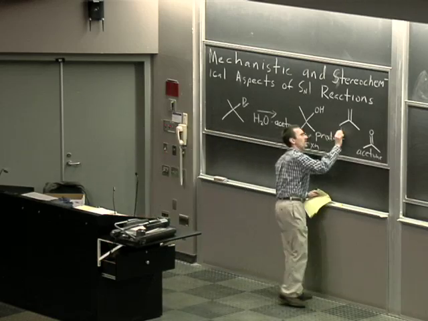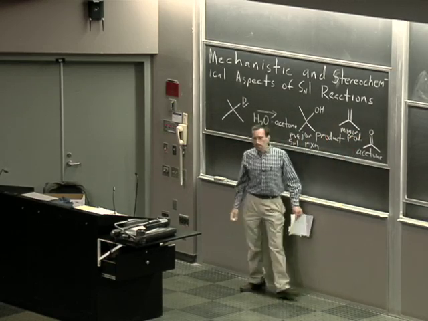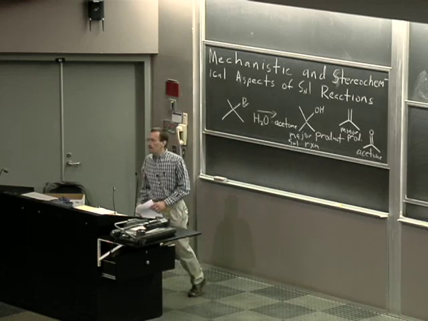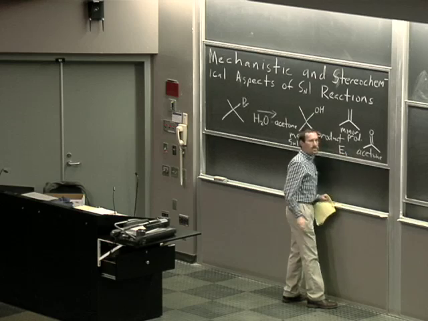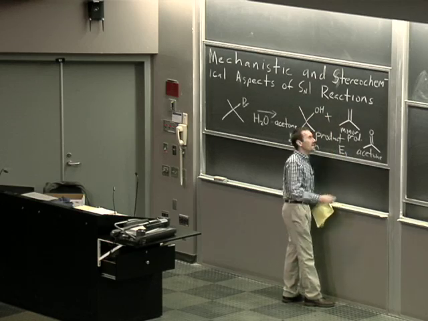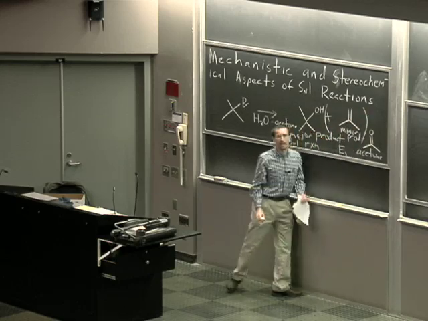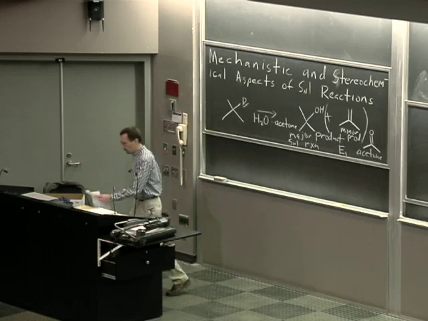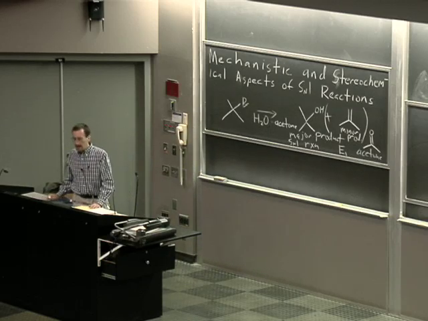I'll write minor product. It's getting a little crowded here. This is a product of an E1 elimination reaction, so I'll write E1. You're going to learn more about that in chapter 8. I'm going to put this in parentheses. Right now we're not going to pay any attention. Only a little bit of this is generated, but we're going to see in the next chapter how this is formed.